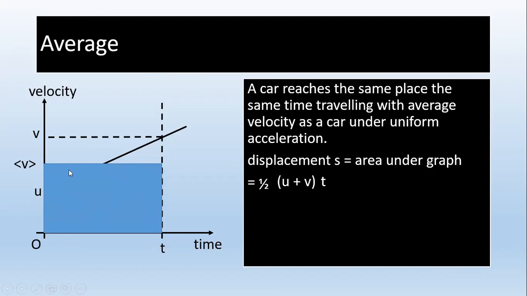So we want this area to equal the area of the trapezium, or we just take the area of this rectangle, which is the average speed times the time. Time and time are the same. So that's how we can show that if it's uniform acceleration, then your average speed is half u plus v.